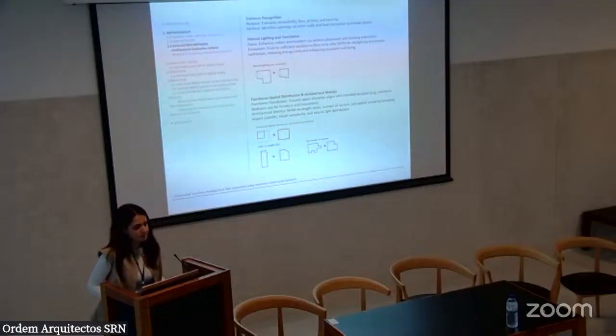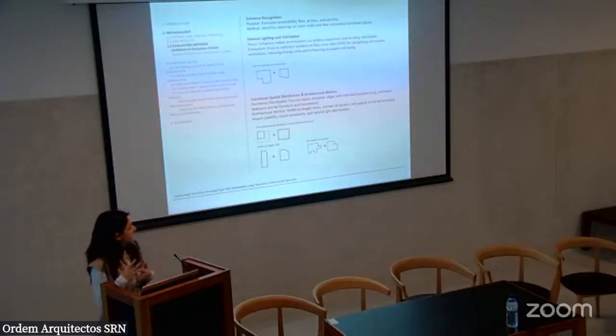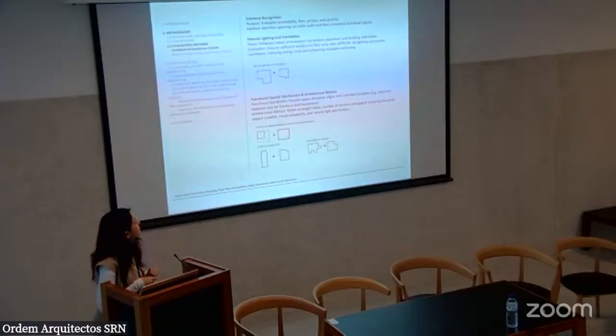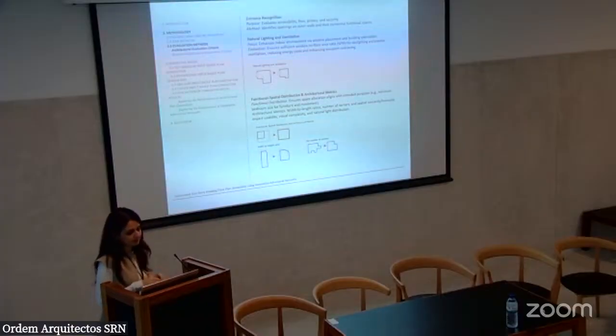And as I mentioned, other than the pixel-based properties of the space, we add some architectural criteria. One of them is entrance recognition. We try to identify if there are openings on the outer walls, so they are connected to functional spaces.